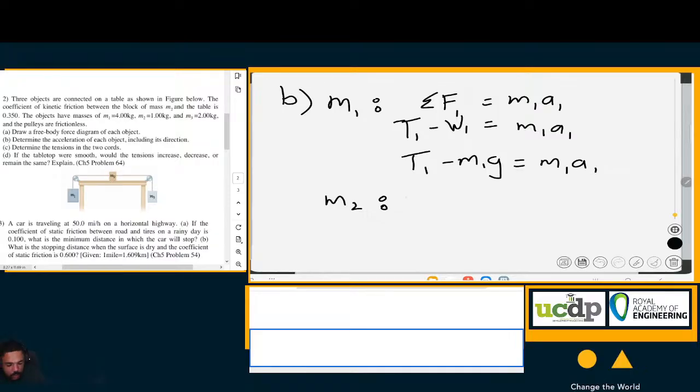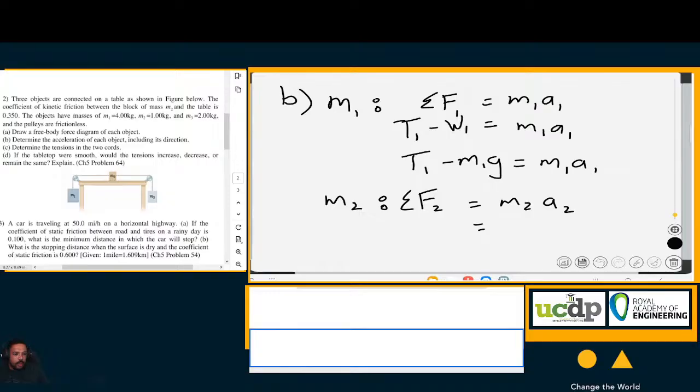So let me write the sum of the forces on block number 2 should be equal to the mass of block number 2 times the acceleration of block number 2. Now what are all the forces acting on block number 2? At this point I am not looking at the vertical components, because they will cancel eventually.